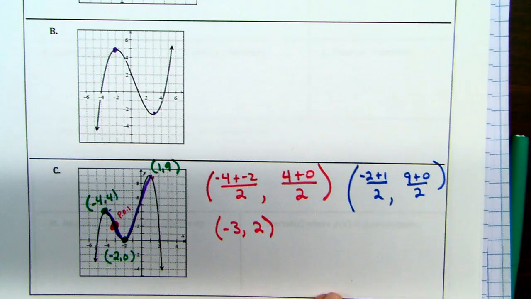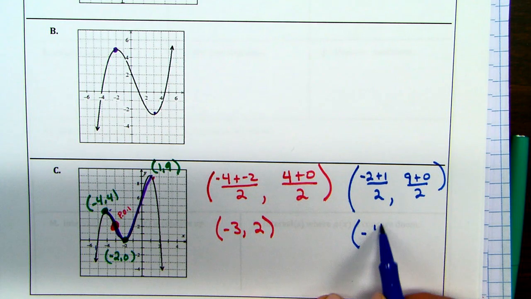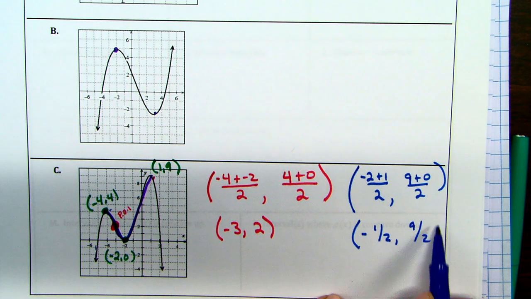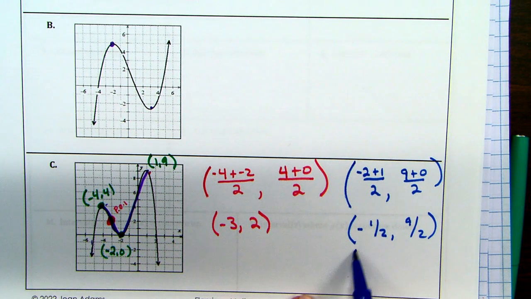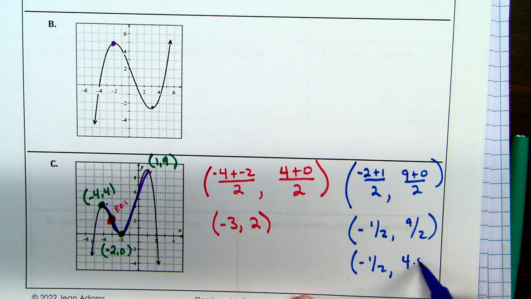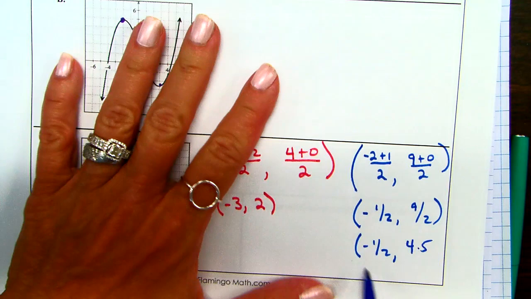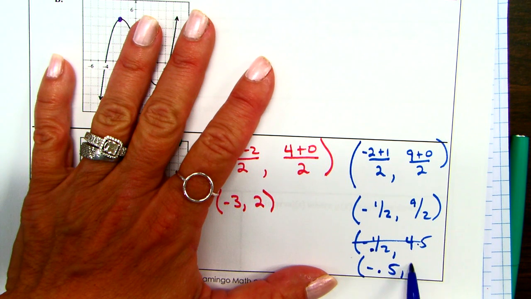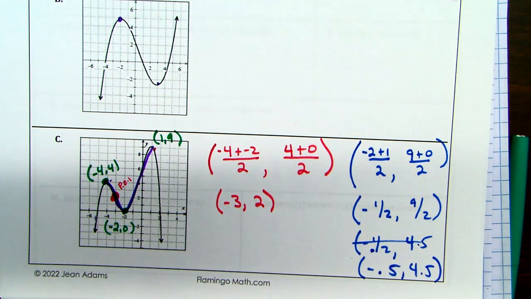Plus, and I get -1/2 and 9/2. Or I could change it to a decimal, and I get -0.5 and then 4.5. It doesn't really matter, okay?